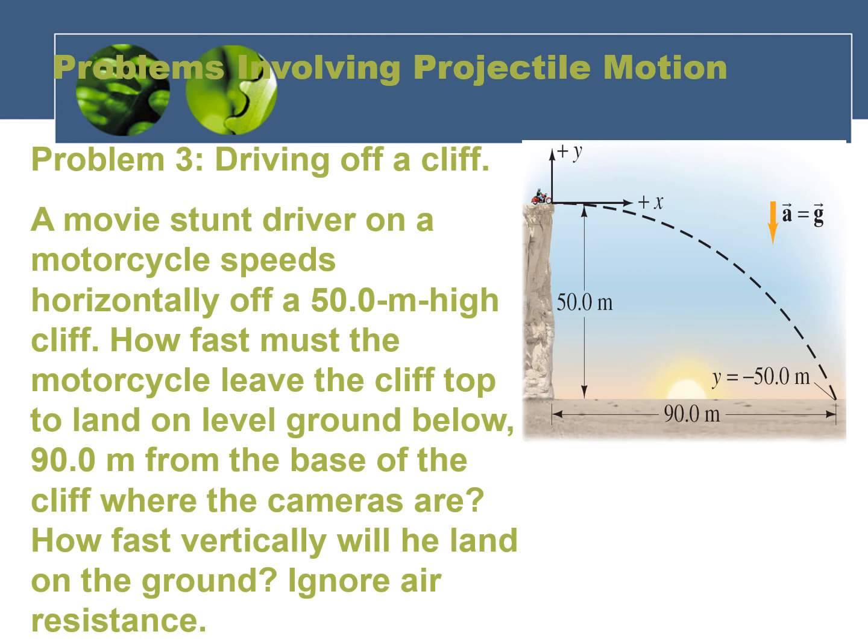Problem 3. A movie stunt driver on a motorcycle speeds horizontally off a 50-meter high cliff. How fast must the motorcycle leave the cliff top to land on the level ground below 90 meters from the base of the cliff where the cameras are? How fast vertically will he land on the ground? Ignore air resistance.